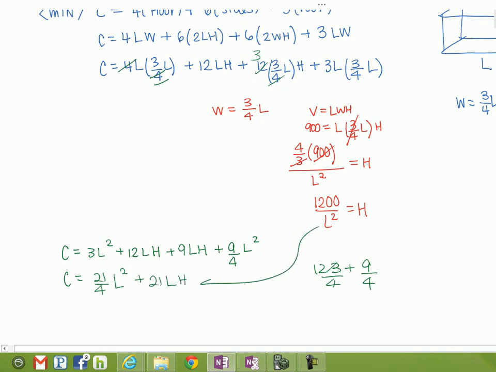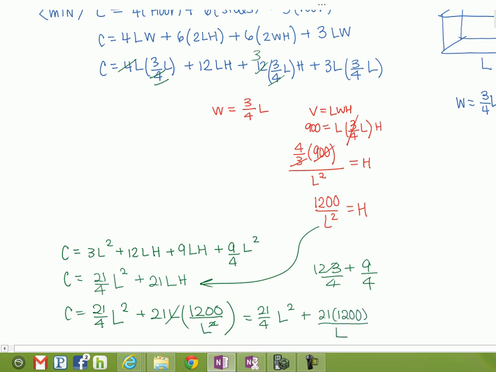Then I'm going to put this H in, times 1200 divided by L squared. Which gives us 21 over 4 L squared plus 21 times 1200 all over L. I am going to leave it like that for now.